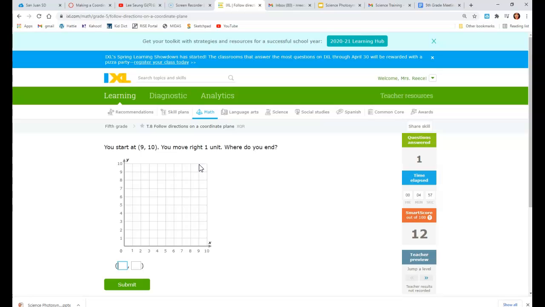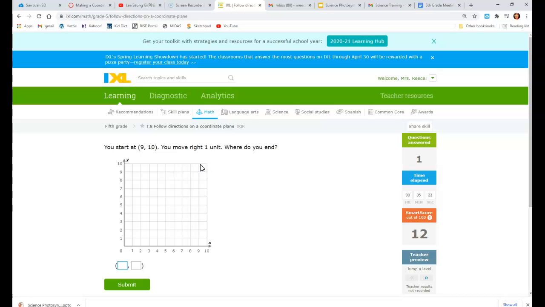Now, it says you move right 1 unit. So I know that this is left and this is down and there's no up on this particular grid. So I'm going to move right 1 unit, which puts me on the corner right here. Where do you end? Okay, so on my x-axis, I've changed.